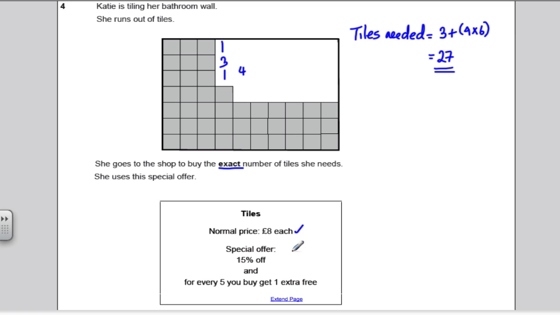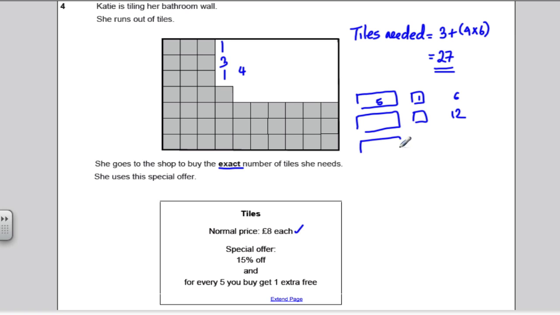Normally, each tile costs £8, so it would be 8 times 27. But that's not the offer on today. You get 15% discount, and for every 5 you buy, you get 1 free. So, if we bought 5, we would get 1 free. So we would have bought 6. We buy another 5, we would get 1 free, so we would have bought 12.